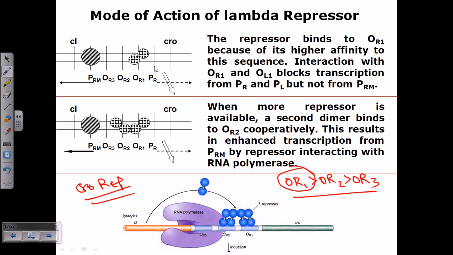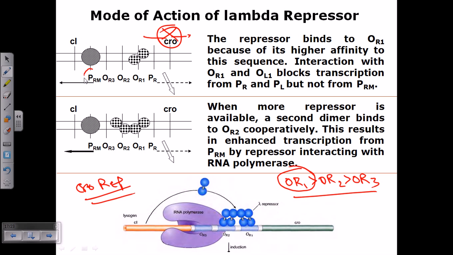So it blocks the transcription in this direction, which is required to produce the proteins for the lytic cycle. That's very logical because we don't want to turn it into the lytic cycle, we want the lysogenic cycle. So it will block all the genes necessary for transcription of the protein products required in the lytic cycle.